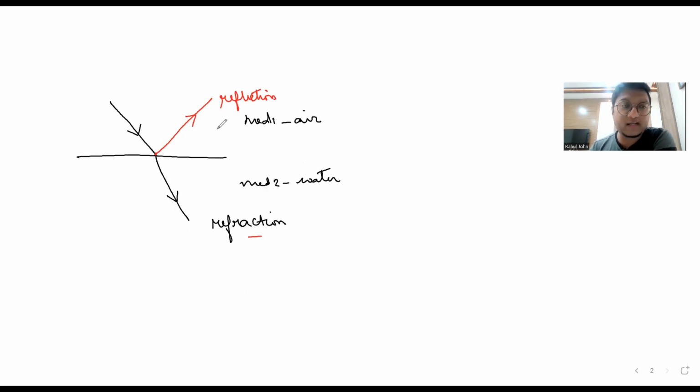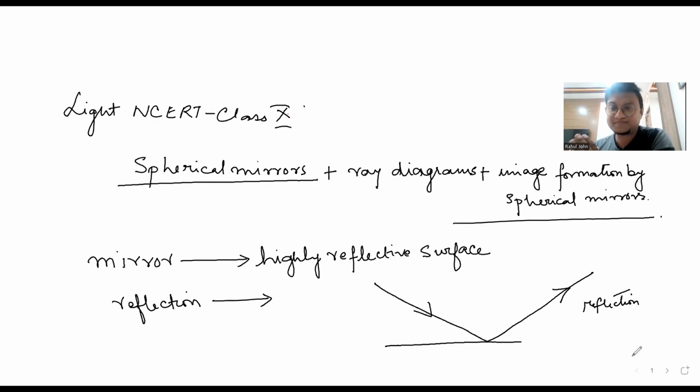And while moving into another medium, you will see that the light ray will deviate from its original path, and that is called refraction. So I hope that you have understood what we mean by reflection and refraction.